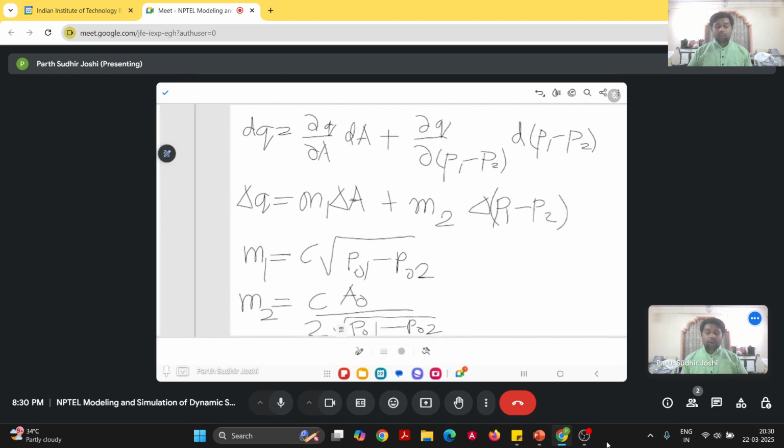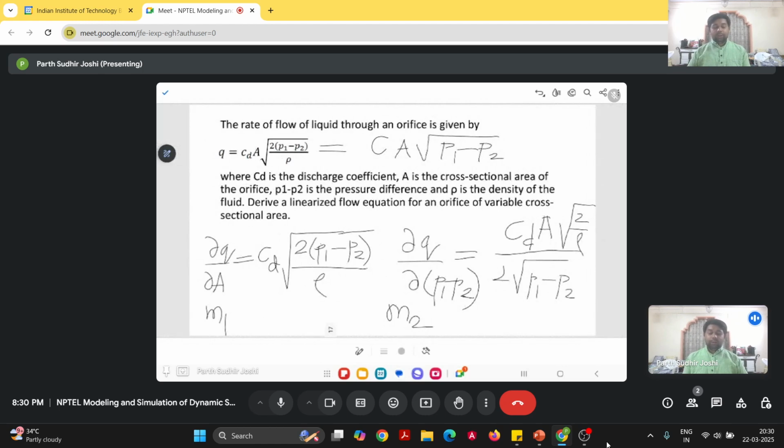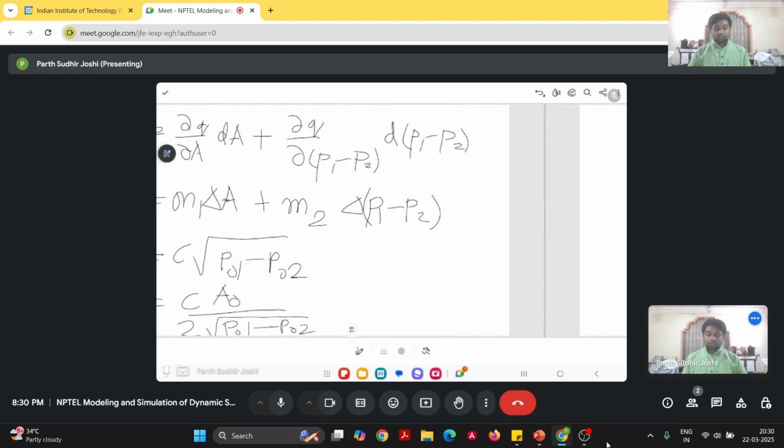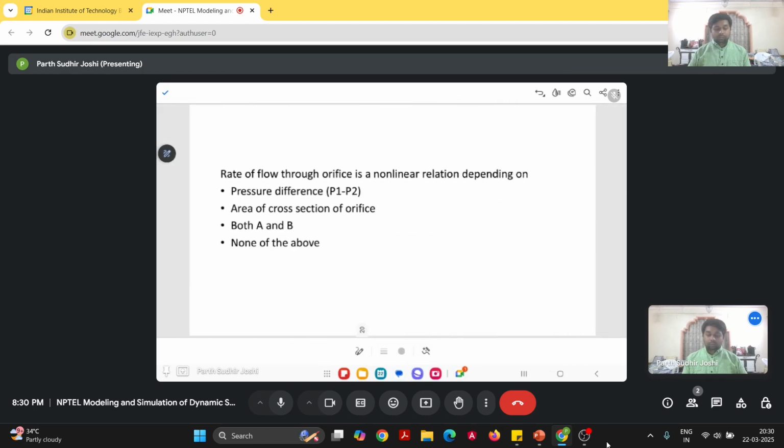So this is how we can derive a linearized flow equation for the orifice of variable cross sectional area.